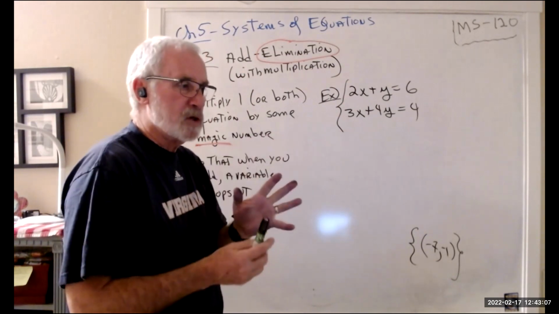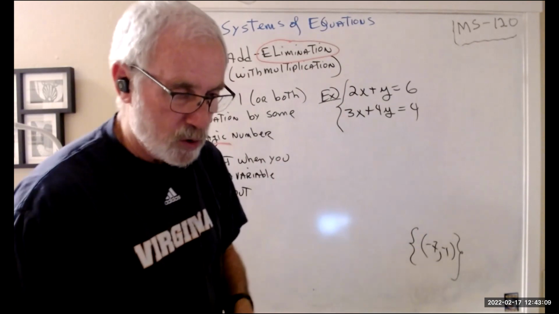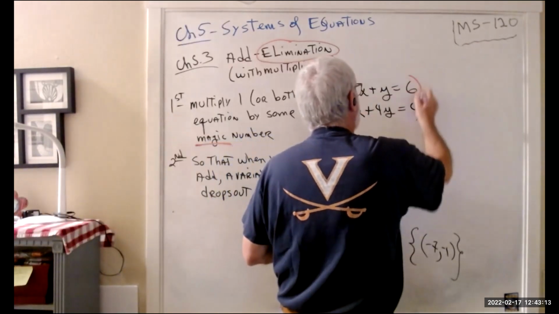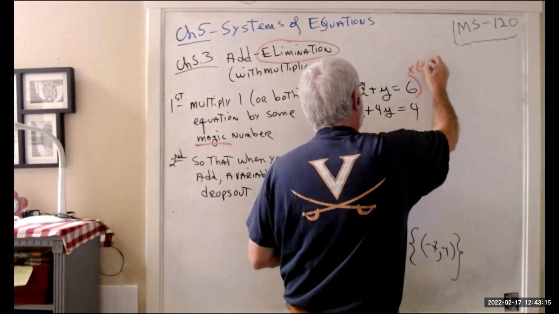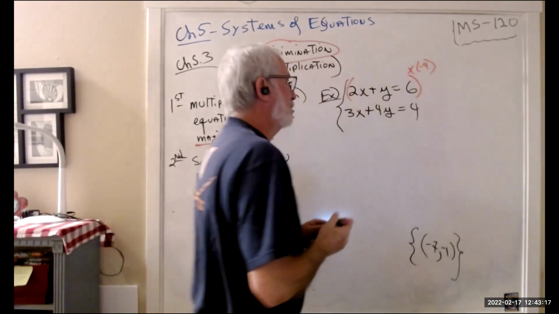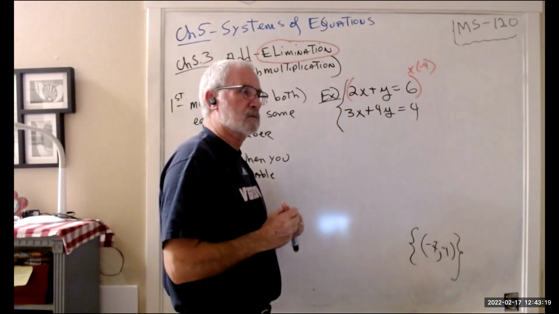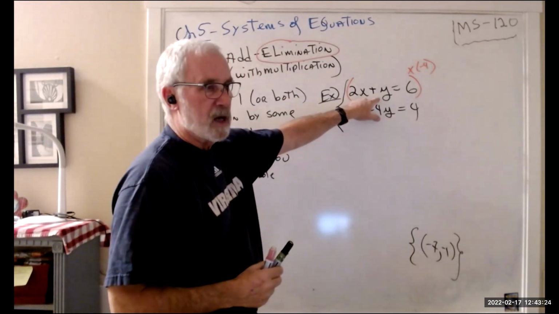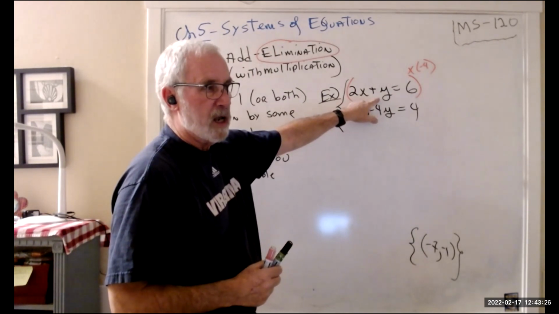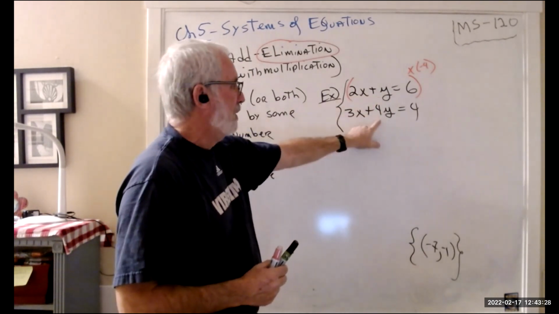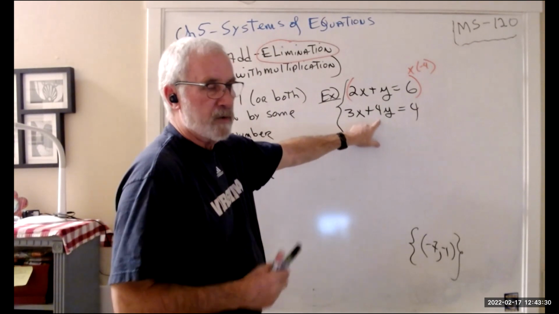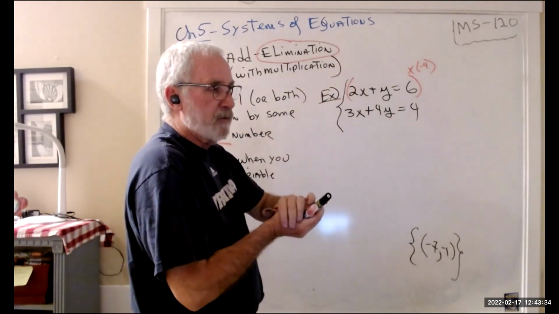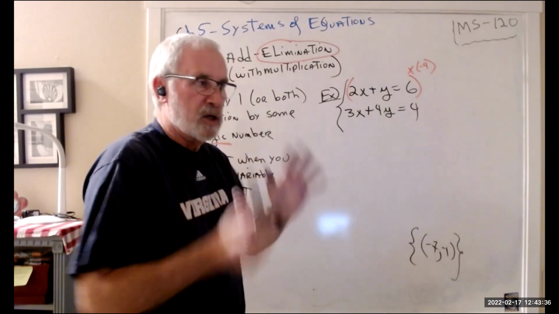Now, there's a bunch of ways to do this, but I'm just going to simply show you. If I multiply this equation by -4, then this will become a -4y. This is a positive 4y. And when I add them together, a -4 and a positive 4 get eliminated.